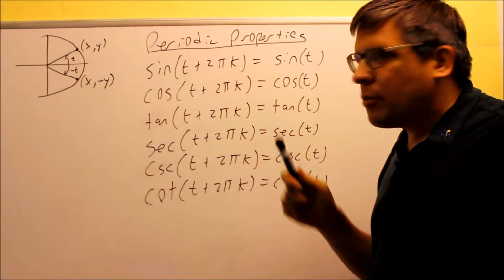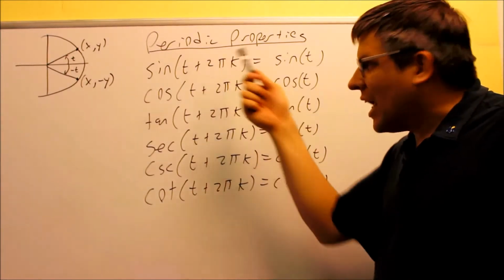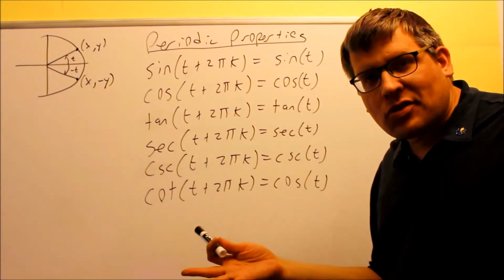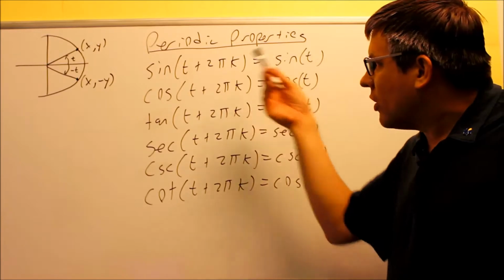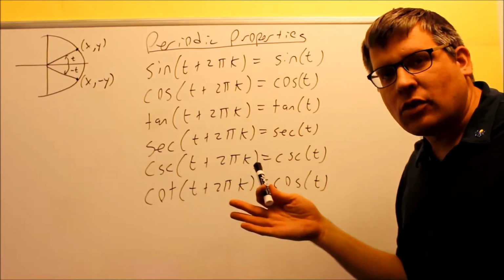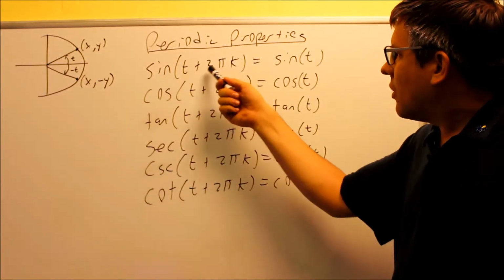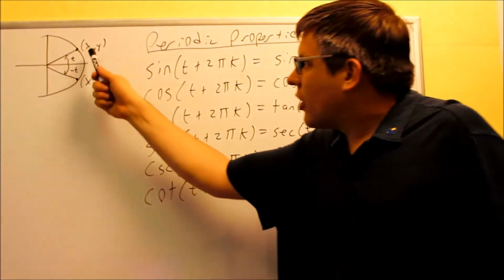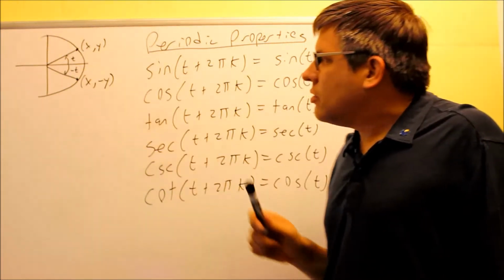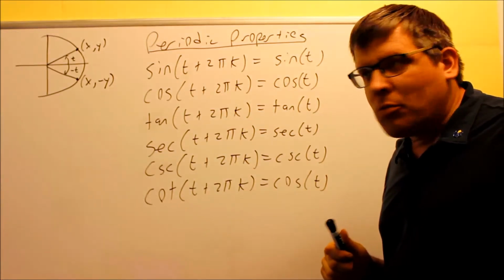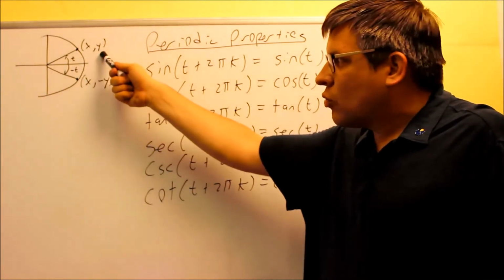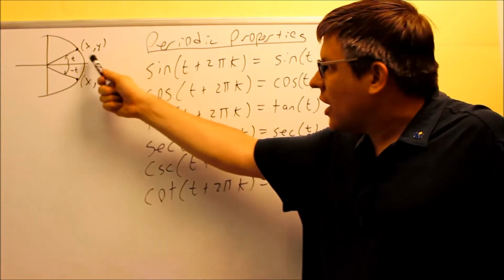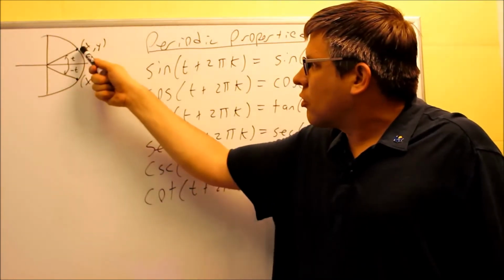So the 2 pi represents 1 revolution. If I have this in degrees, I would have 360k, so it can be displayed either way. This is the radian version, but I could also have degrees. If I add 360k, that means I'm going around 1 revolution. If I go around once, it's going to take me back to the same place that I started from. I'm still going to have the same x and y value I had before. That's not going to change because all I did was go around the circle once.